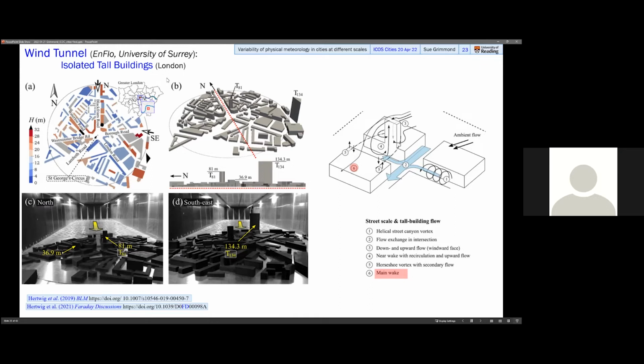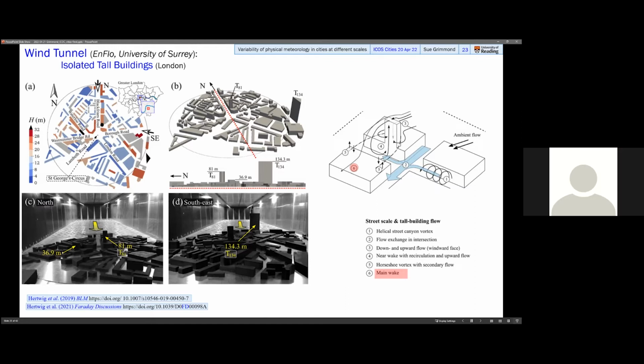The area I'm showing you here is south of the River Thames in London. The models, which you can see as photos here and a cartoon above, have no actual details. They're just flat surfaces, but we have the general shapes correct. The overall locations are correct also.